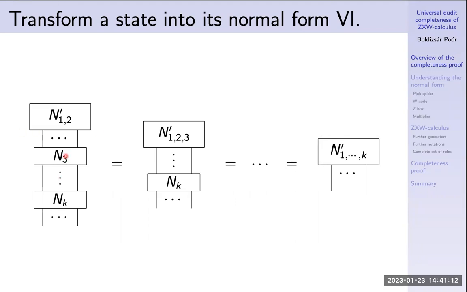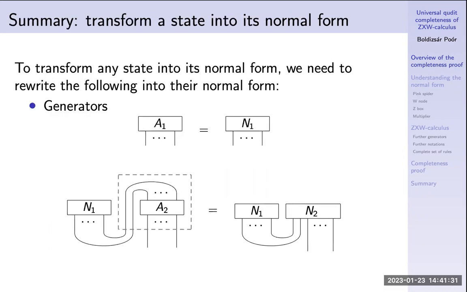I have just realized this should be A3 and AK here. So the original diagram, but the top is the thing that's in normal form. We simply consume this diagram, translating it into normal form, and in the end we end up with a normal form.